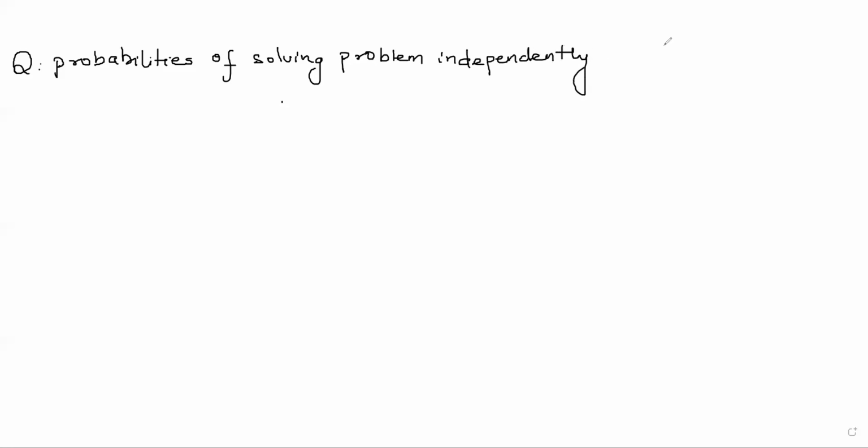Probabilities of solving a problem independently by A and B are 1 by 2 and 1 by 3 respectively.